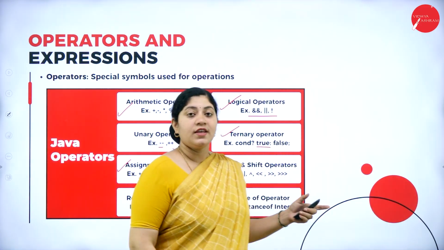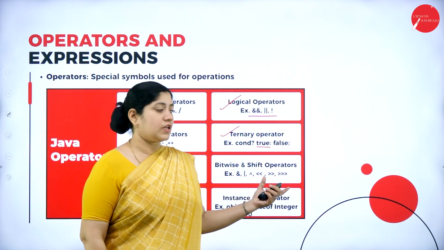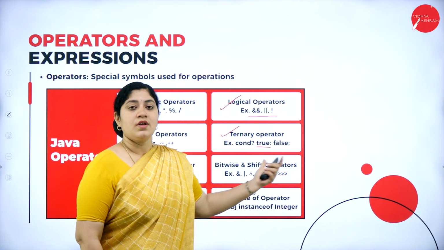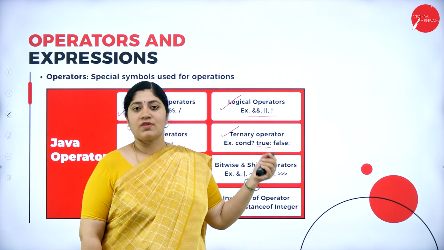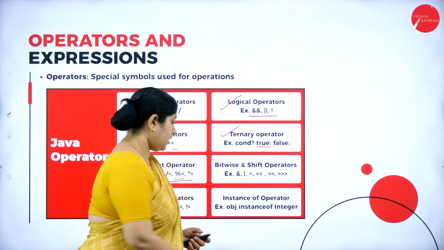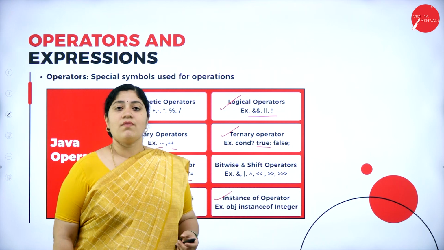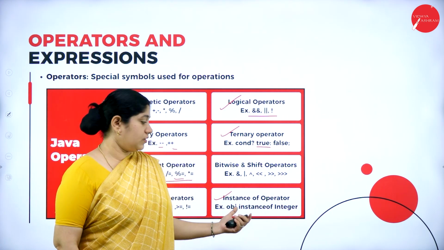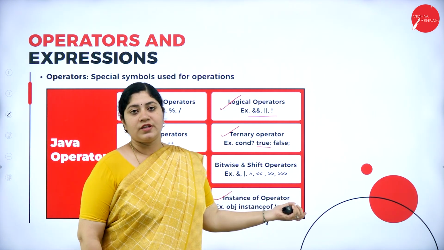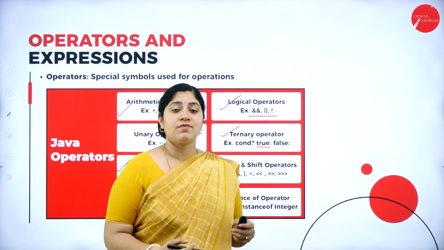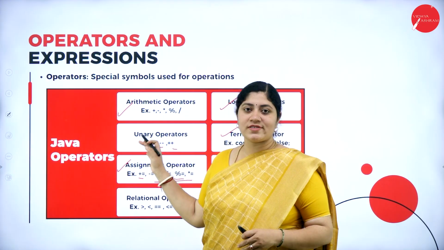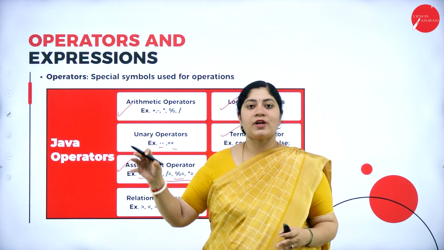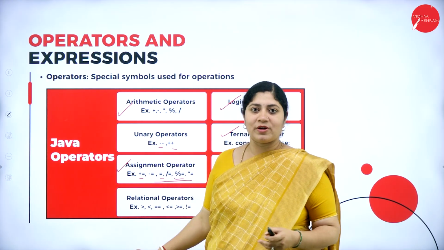Next one is bitwise as well as shift operators. It is responsible to represent bitwise operations. Next one is the instanceof operator. Example, object instanceof Integer, etc. So these are the various types of operators and various special symbols that are grouped under various types of operators.